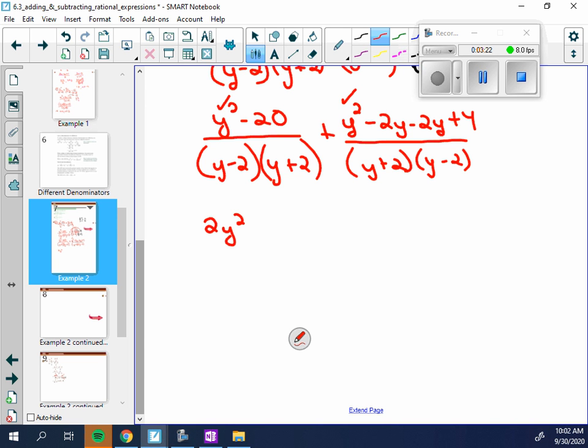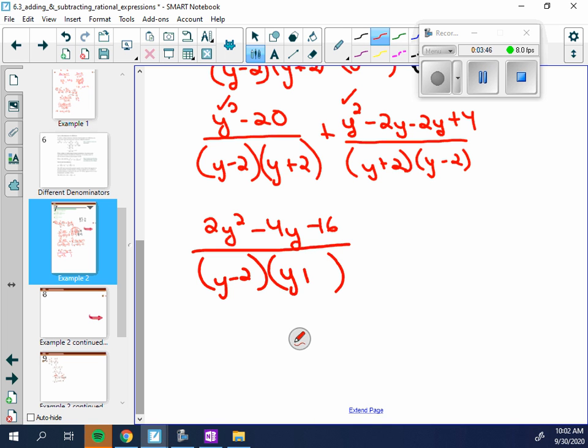But here I'm going to be adding on, and you might have had negative 4y or negative 2y, negative 2y. Either way, it's still a negative 4y. Okay, let's look at the numerical values. Negative 20 plus 4. How much is that? Negative 16. Good. I put all this over my common denominators.